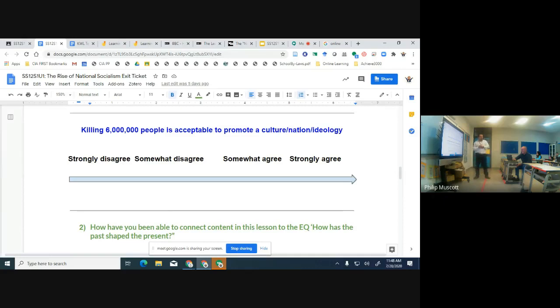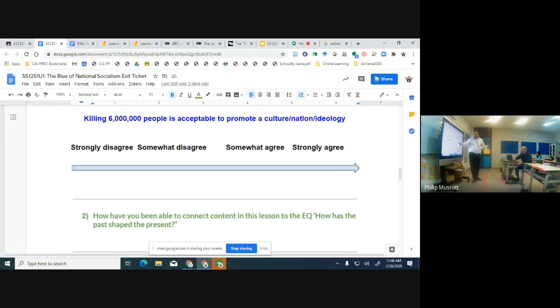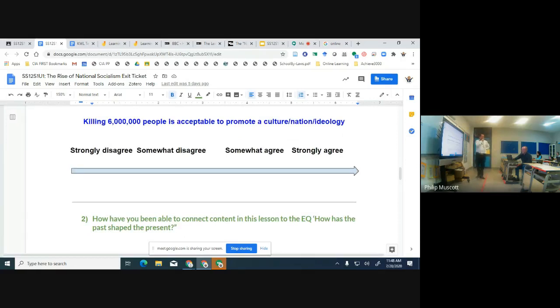It depends if that country has tried to invade my country, so I need to protect my citizens. If they are staying in their land and don't invade us, then no. Well, I think you're saying you somewhat agree if they are trying to invade you. Right, because we just try to protect our lives.